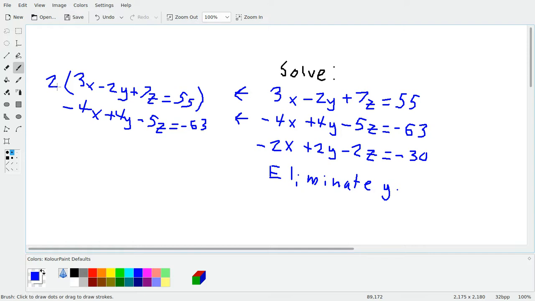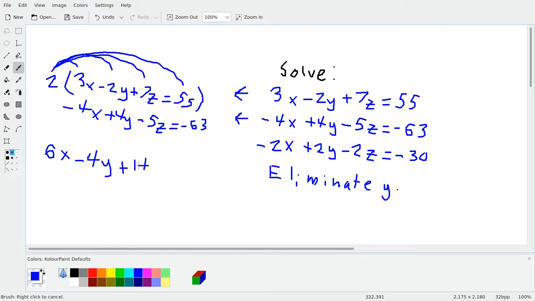If we distribute a 2 to all terms in the first equation, we'll end up with 6x minus 4y plus 14z equals 110. I would write that little slash through your z if there's any chance that your z and your 2 could get confused.